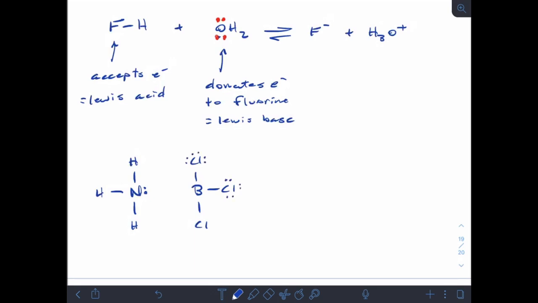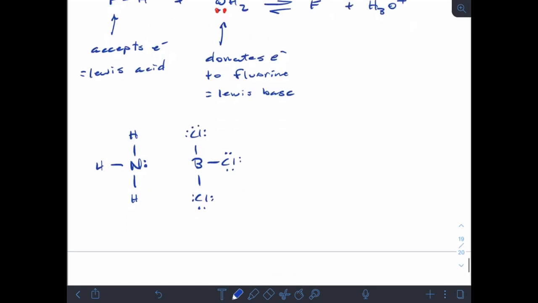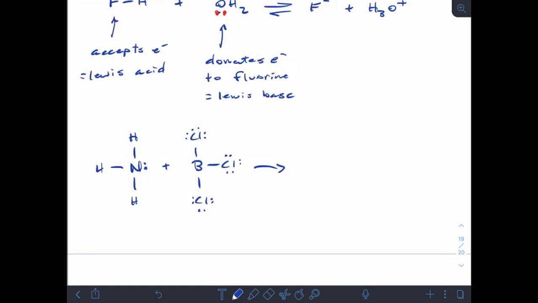Now, the other important aspect about the Lewis acid-base thing is that the electrons do not come from the outside atoms. Okay, we need lone pairs on a central atom. And what the result of this particular reaction looks like is this.